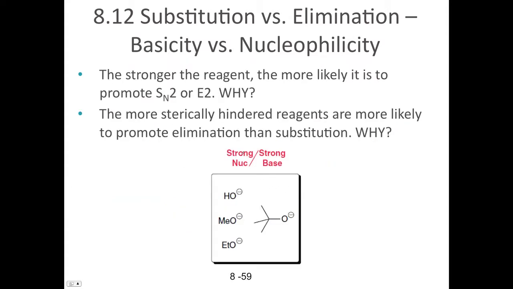The stronger the reagent, the more likely it is to promote SN2 or E2. Why is that? It's because it has more impetus. The SN2 has a stronger nucleophile, E2 a stronger base. Generally speaking, even though hydroxide is happy having this oxygen have all this extra electron density, it doesn't want to stay this way forever.